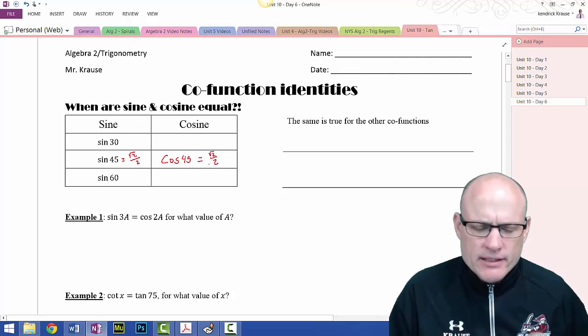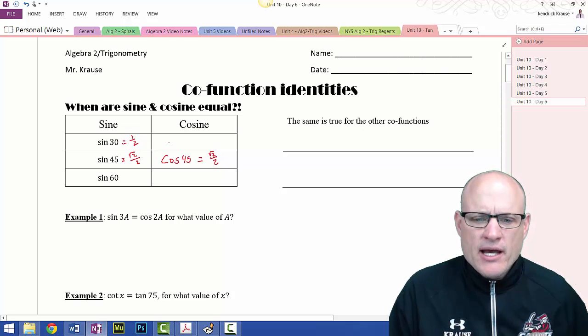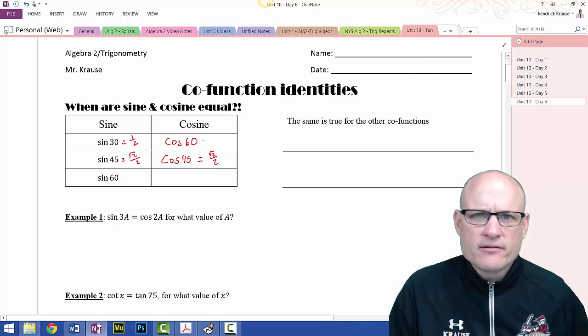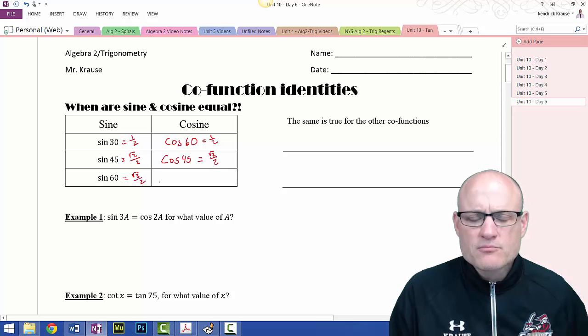And the sine of 30 is 1/2. When does cosine equal 1/2? Cosine equals 1/2 at 60. And sine of 60 is the square root of 3 over 2. When does cosine equal square root of 3 over 2? That's at 30 degrees.